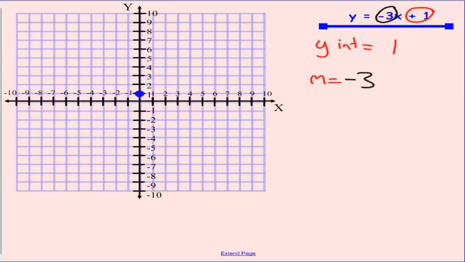Then our gradient, which stands for rise over run, says minus 3, which in rise over run terms is it drops down 3 for every 1 it goes across. Remember, if you divide any number by 1, you still get that same number you started with. So we're going to start at our y-intercept point. We're going to drop 1, 2, 3, and then go across 1. And there is our next point.